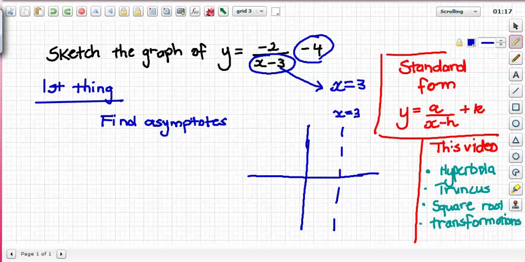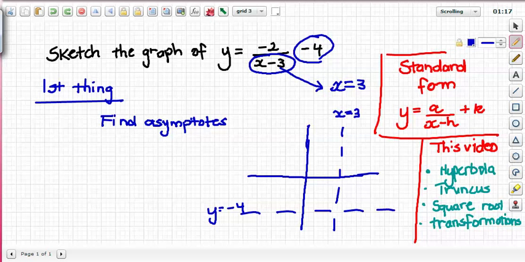Now, clearly the horizontal asymptote is usually at y equals 0. Well, that's gone down 4. So we're going to then have y equal to minus 4. So we've found our vertical and horizontal asymptotes.